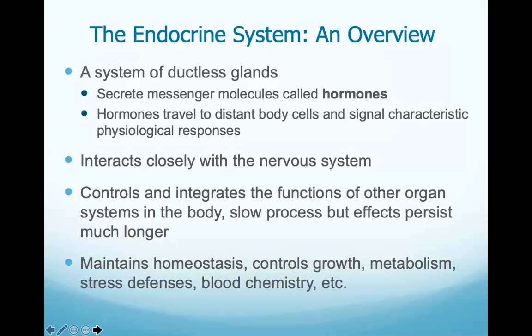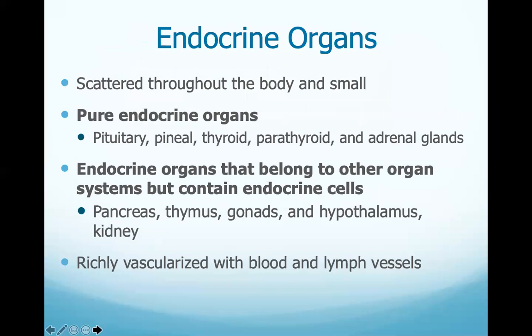So nervous system results are usually fast but short-lived, versus hormones released from your endocrine system, which take a while to create a response. However, that response lasts a longer period of time.